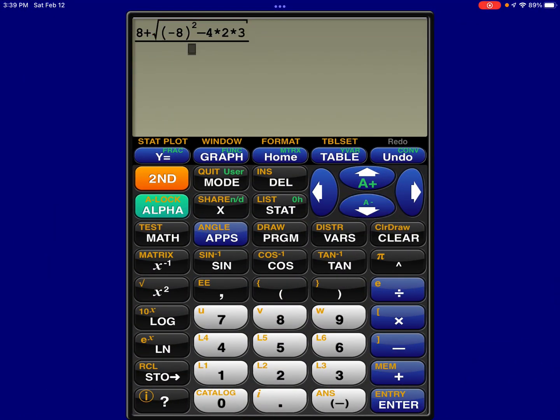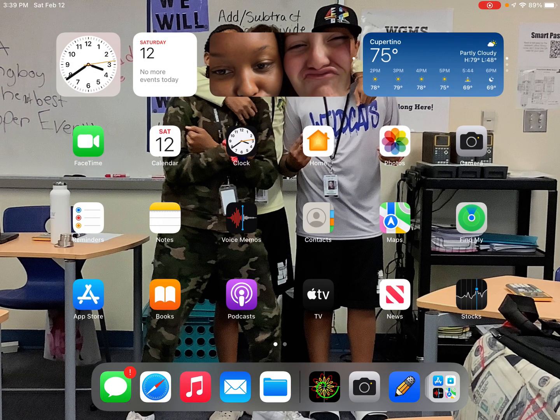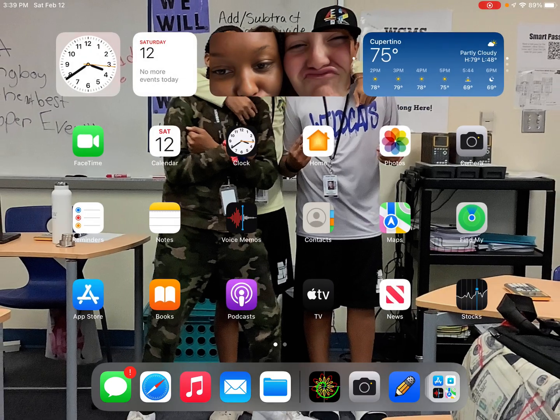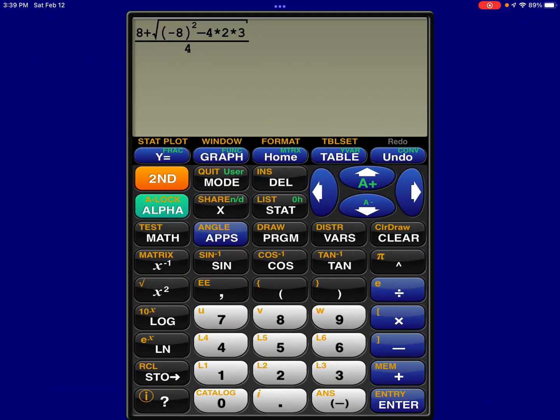And then over 2a, which I think was 2, so it's 2 times 2, so I'm going to put it over 4. Enter, so that would be 3.58.